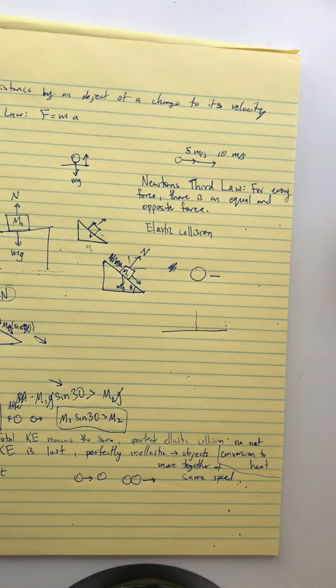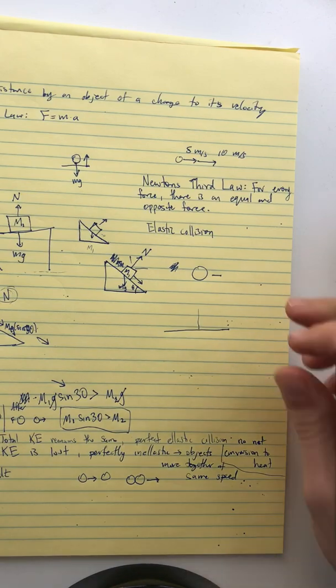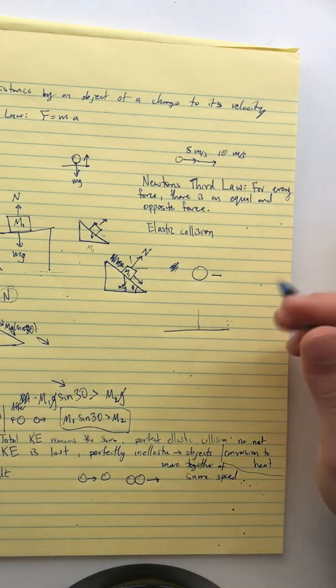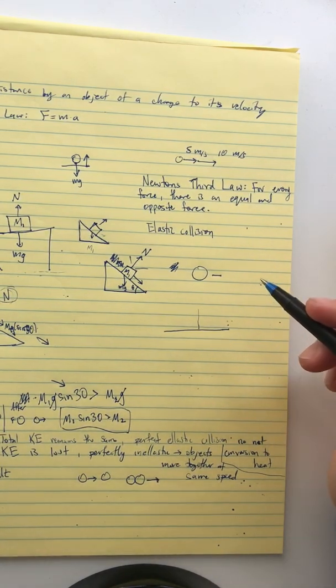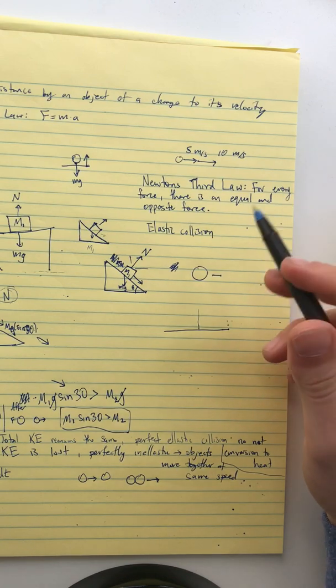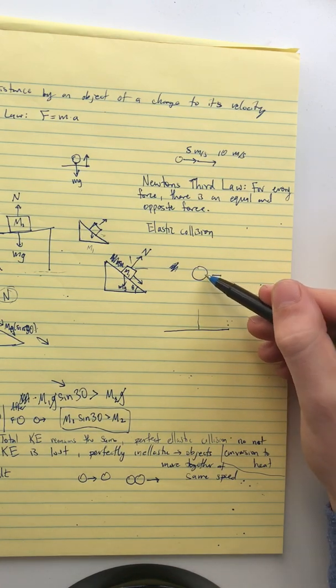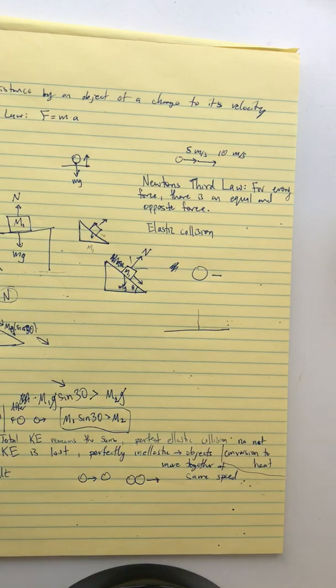So ideally that's what would happen, but usually, whether because of friction or other factors, a bouncing ball is more of an inelastic collision because it can't be perfect and bounce exactly back up to where it was.